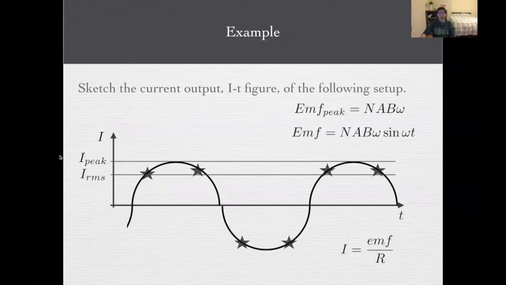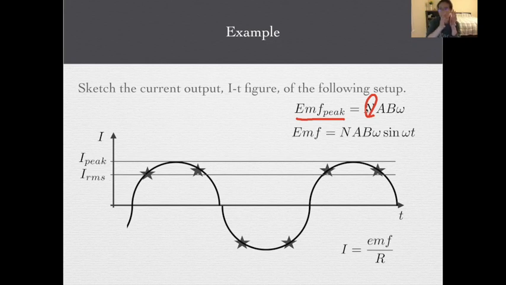And what is the peak current? The peak current will depend on the number of turns, because each loop will create a voltage, one EMF.